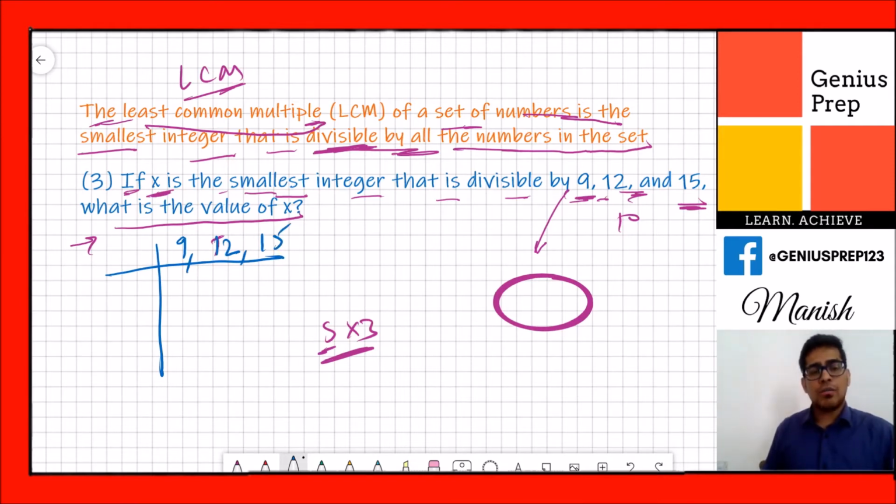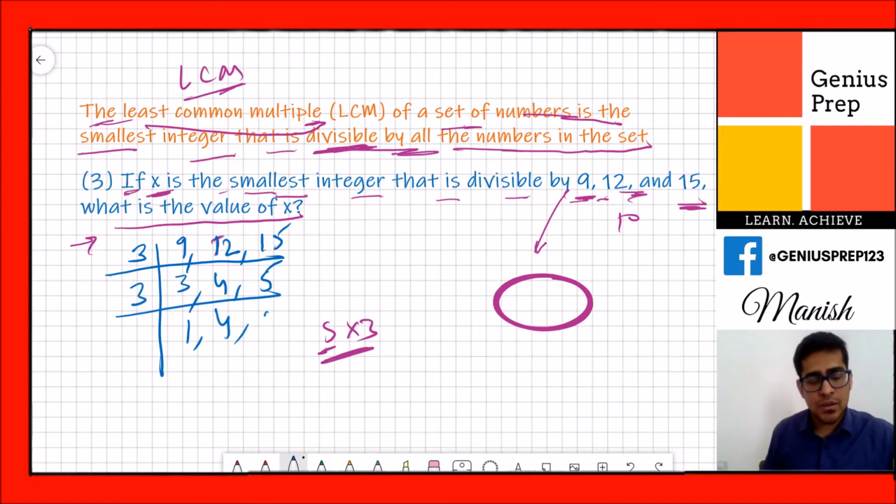Now we find a factor by which we can divide these numbers. What could it be? Like 3. So it goes by 3, now it is 3, 4, 5. Again we can divide by 3, giving 1. We cannot divide 4 by 3, so we leave it as it is, then 5.